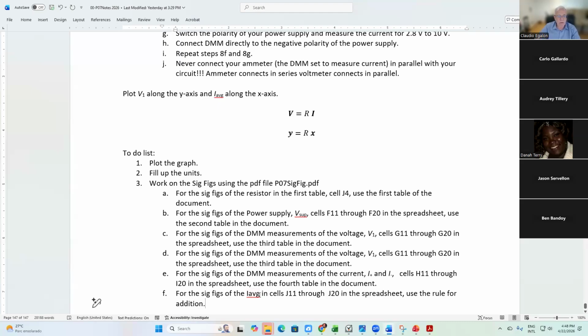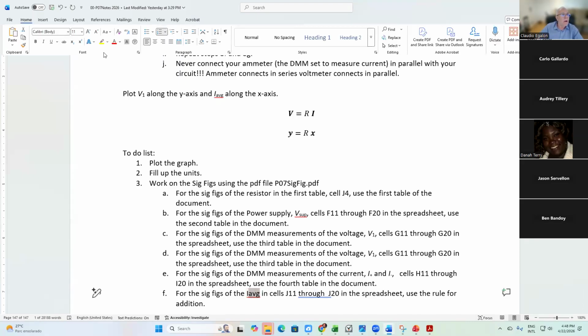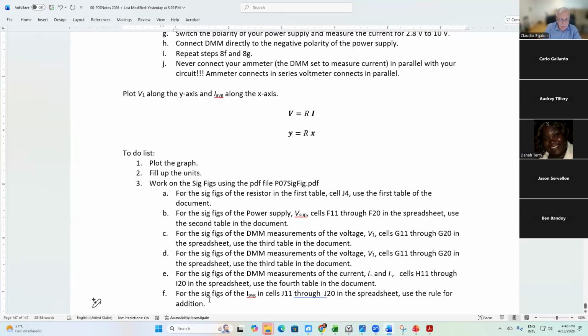Now it's not a measurement. This is a result. So you have to use the addition rule. Okay?